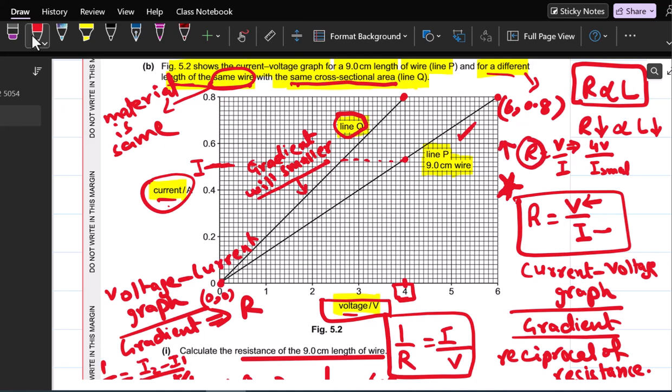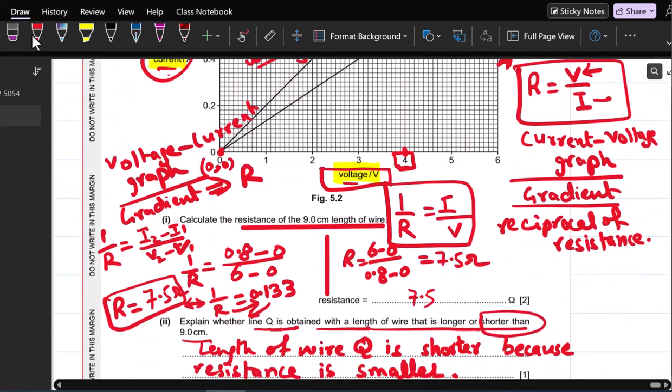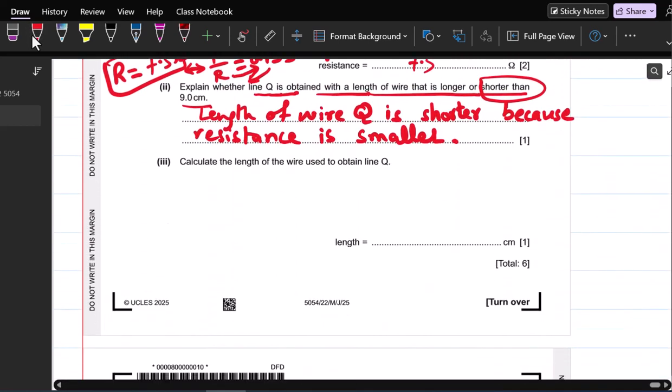If I divide with 0.8 ampere, meaning R is equal to V over a larger current, I will be getting a smaller value. R will be smaller. If R is smaller, length will be smaller. So you can relate here with current as well. So both are correct.